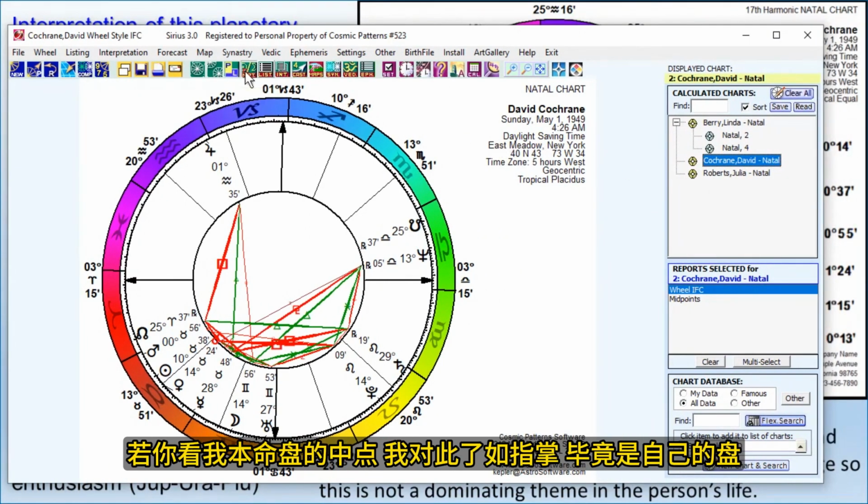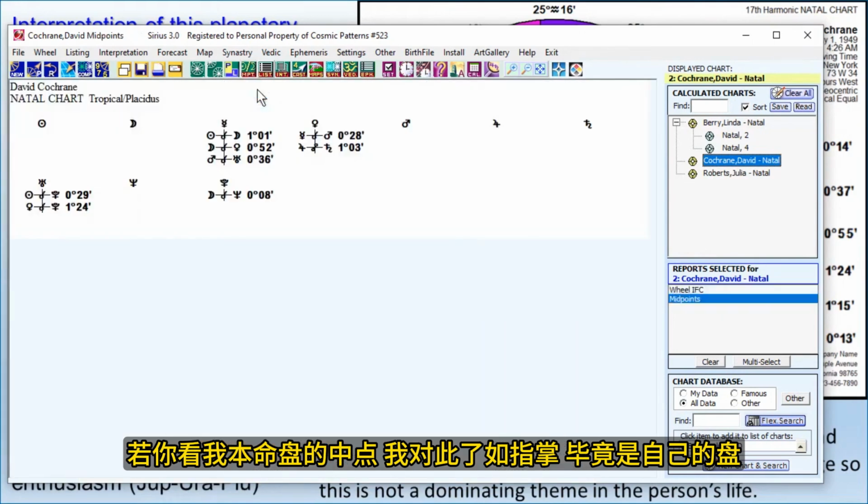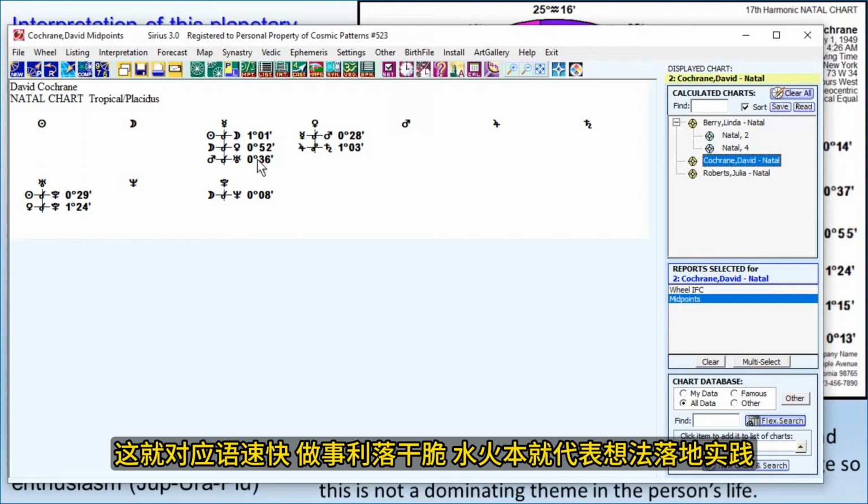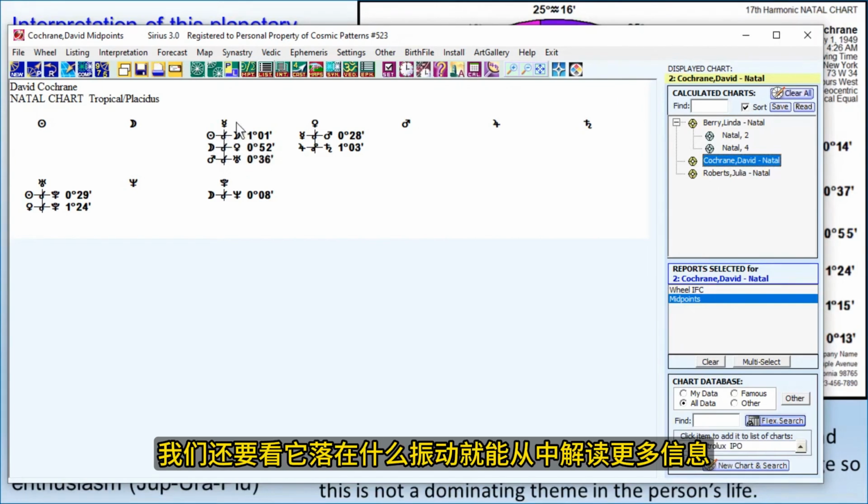If you look at my midpoints in my natal chart, I just happen to know this because it's my chart. I have Mercury conjunct Mars, Uranus midpoint in my natal chart, 36 minutes. So that's talking fast, rapid work, Mercury Mars, apply it, etc. We can see what vibration it's in, and if there's a vibration, get more information.